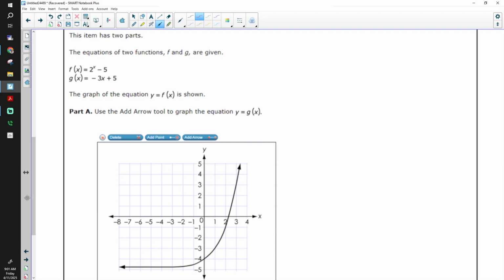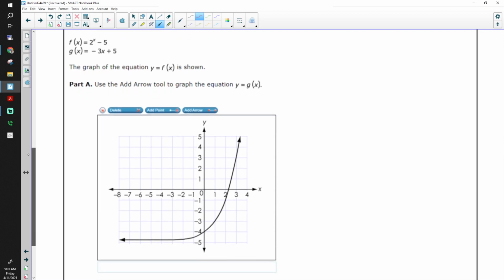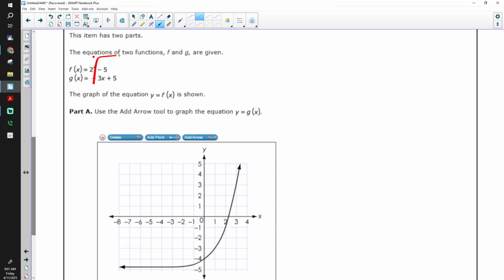Okay, you guys know how to do this one. Here are our systems. The graph of f of x is already on our graph. We're going to add the second equation. Remember, to graph this, we can put it in Desmos.